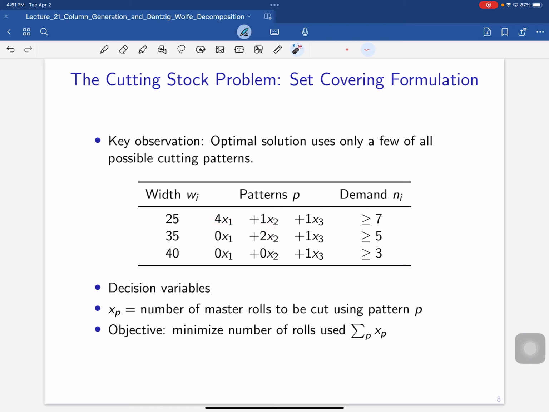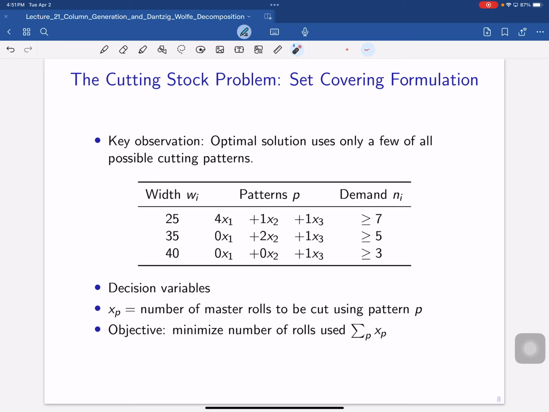And for the second row, we are talking about width 35. So only the second and the third pattern will produce width 35. So the second pattern will produce 2 of the width 35, so you do 2 times x2 plus 1 times x3. They have to be greater than or equal to 5.